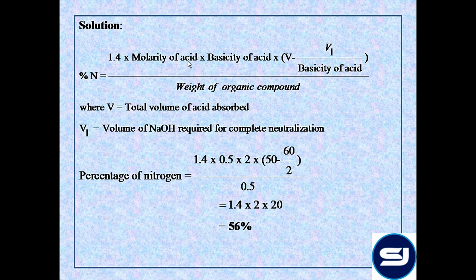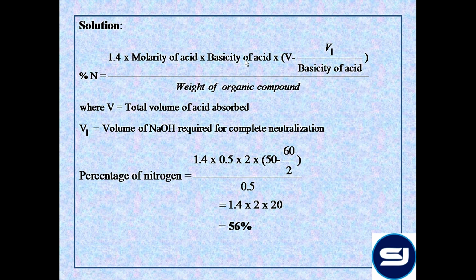Now here the acid which was in consideration was sulfuric acid. But if the acid is something else which has a basicity different from sulfuric acid, then the similar formula needs to be used, only the basicity needs to be altered.